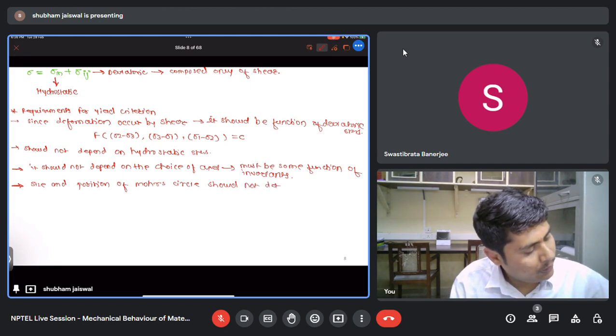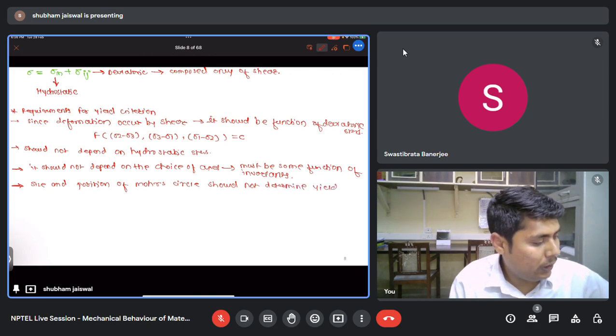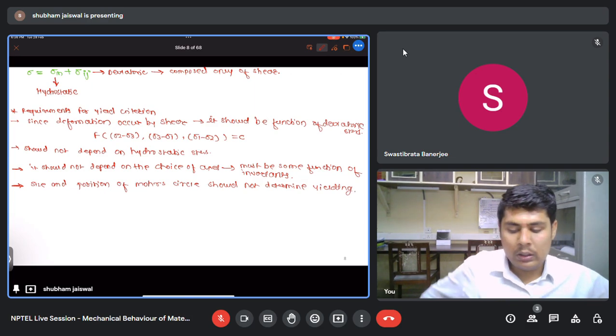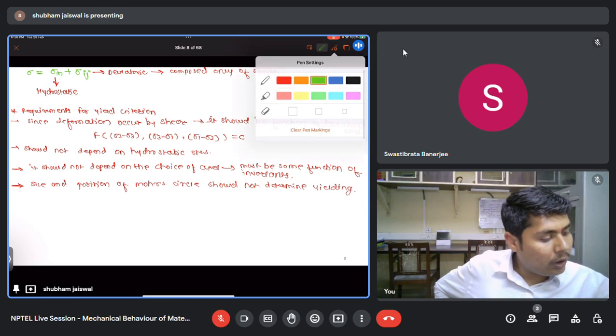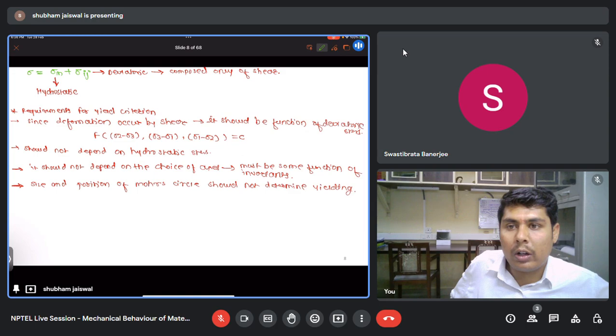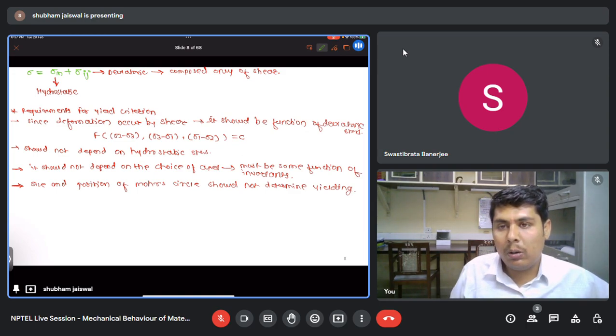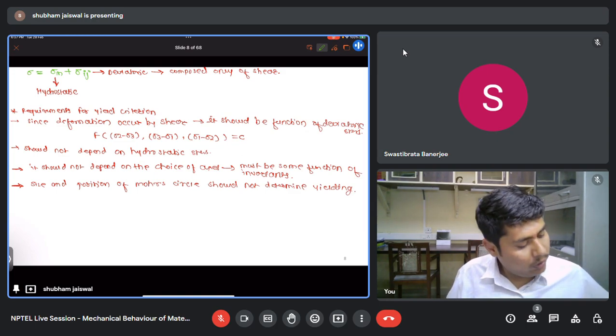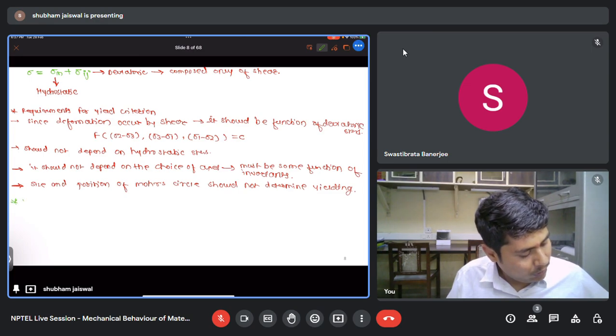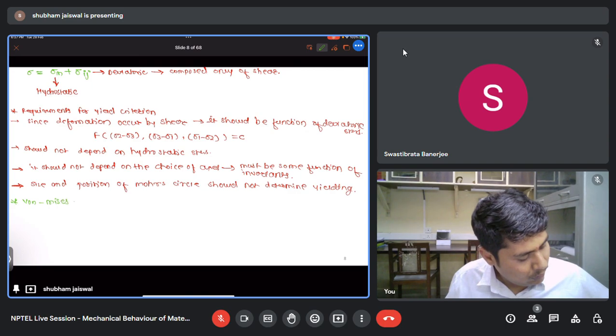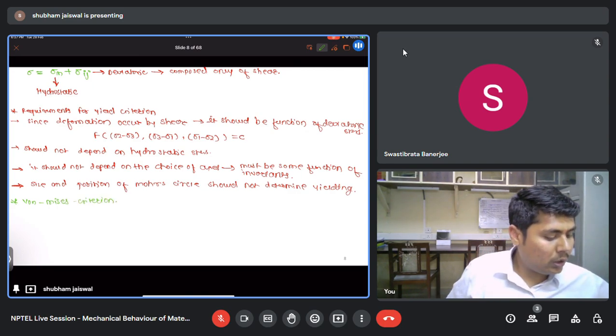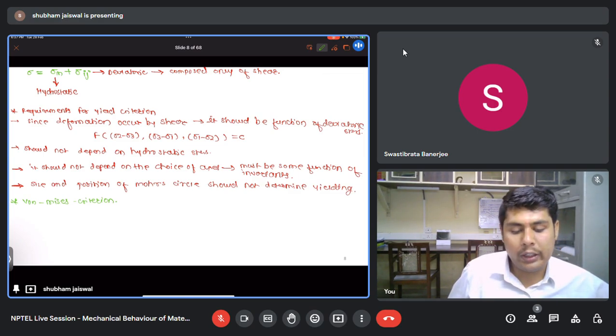So, based on these requirements and the assumption made for isotropic material, we discussed the first criterion, that is von Mises. These are all four requirements that satisfy the von Mises criterion.